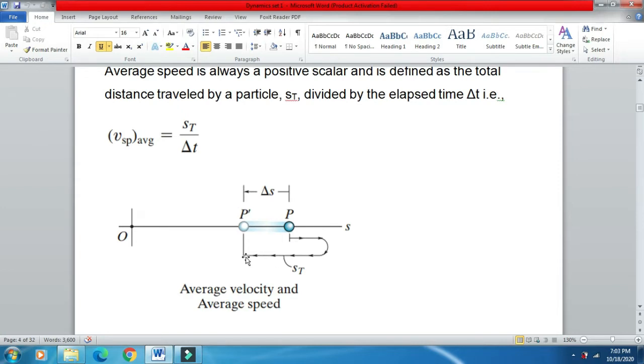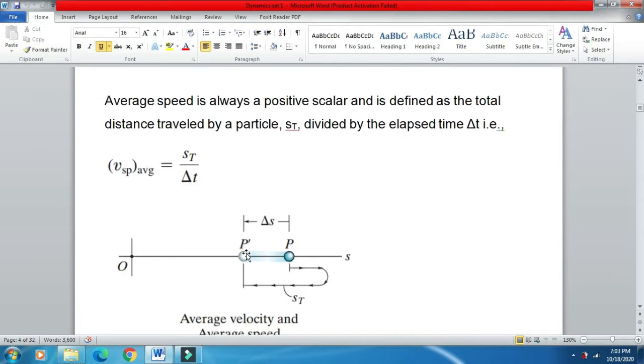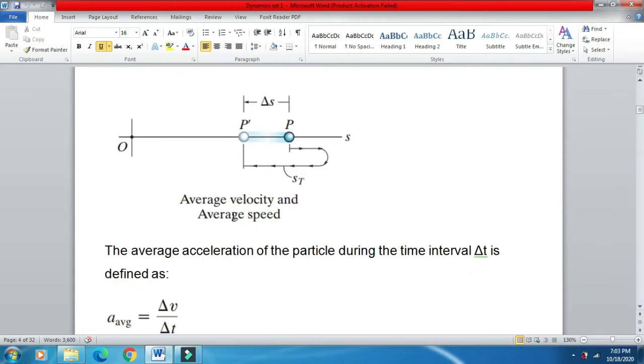So for the calculation of the average speed, we will consider the entire path, entire distance which is traveled by the particle. On the other hand, if we are calculating the average velocity, then we will consider only this distance, which is delta s, and here the average velocity will be negative. But for the average speed, we will consider the entire path which is traveled by the particle.